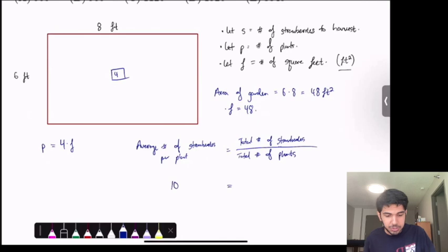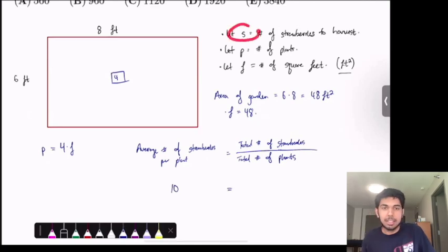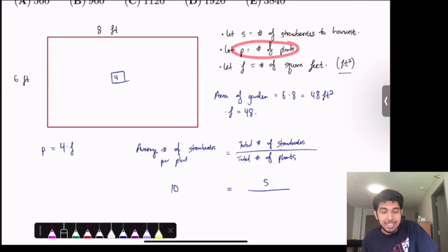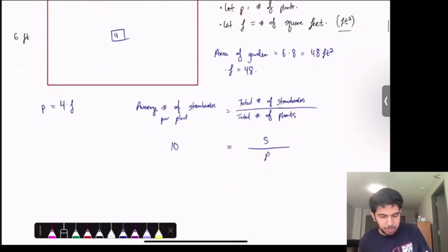The total number of strawberries, we gave the variable s, so this will be s in the numerator. And the total number of plants we gave as the variable p, so that'll be in the denominator. I don't really like working with fractions, so we'll multiply both sides by p, and we get 10p equals s.